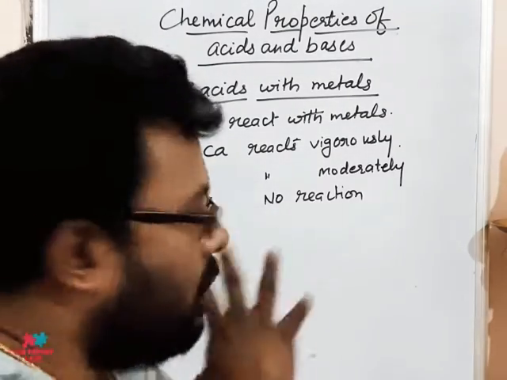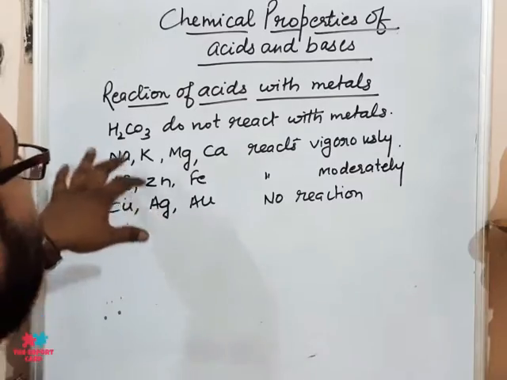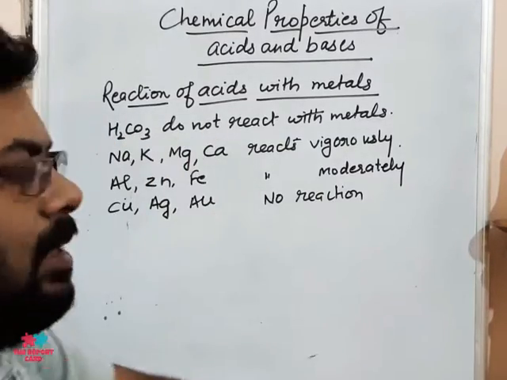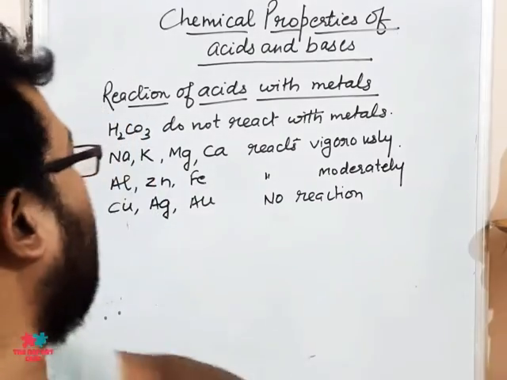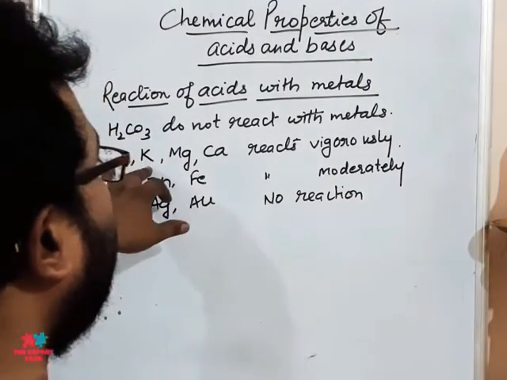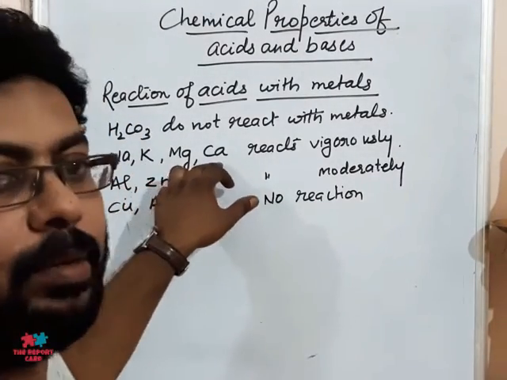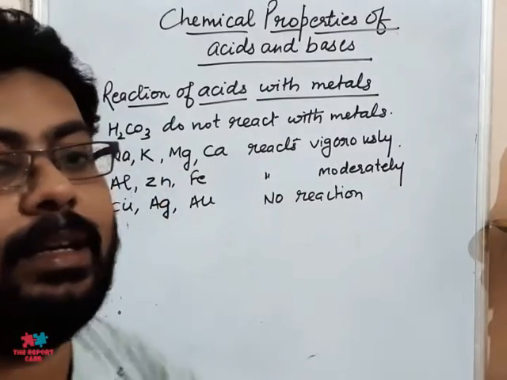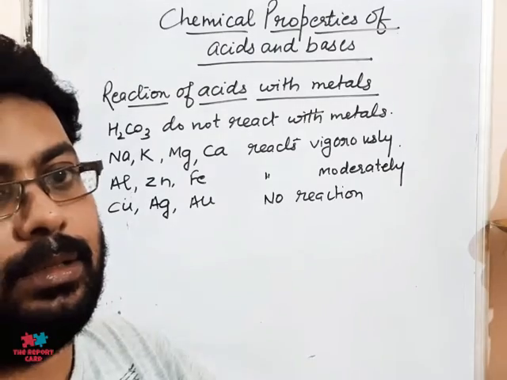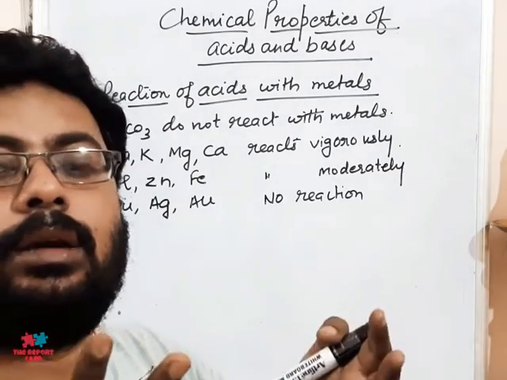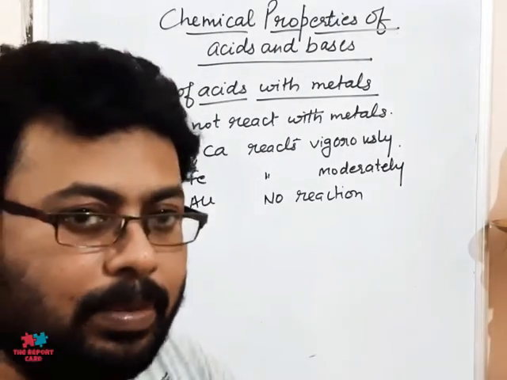First let me tell you what happens. Carbonic acid, a very weak acid, doesn't react with metals as such. Sodium, potassium, magnesium, calcium, these are all very reactive metals and they react very vigorously with acids. You will see an immediate reaction happening.